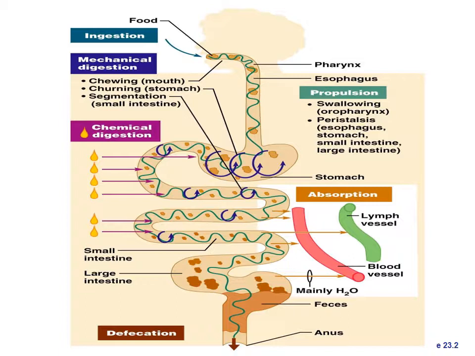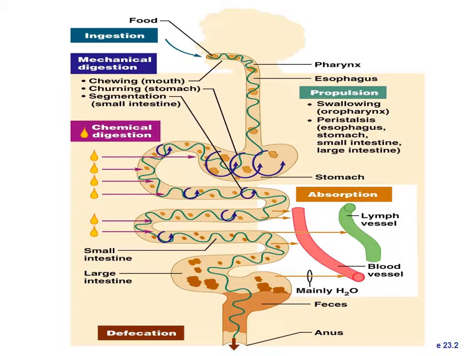Let's look at each function and the organs associated with that function in a little more detail. Ingestion. The oral cavity and its accessory organs allow you to put those foodstuffs into your mouth and to keep them there. Mechanical digestion. Breaking larger particles into smaller particles.